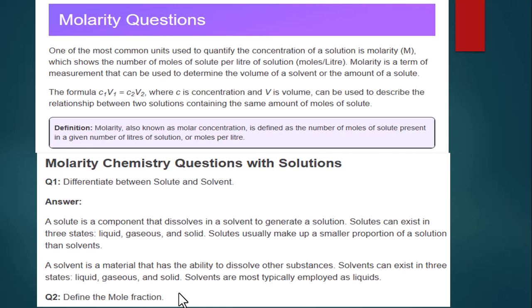They say that solvents are most typically employed as liquids. This is exactly the example that we provided.